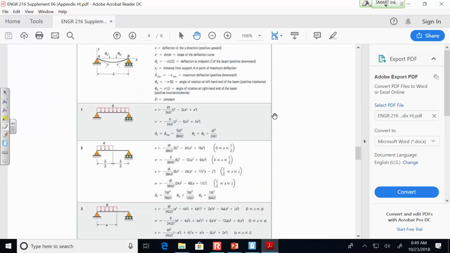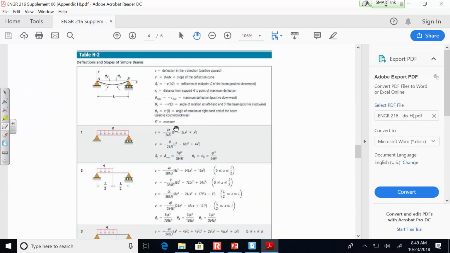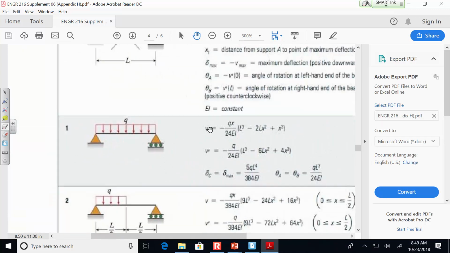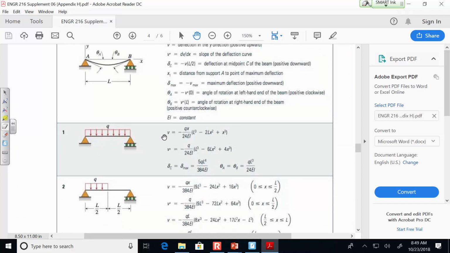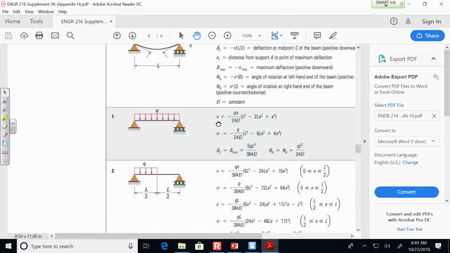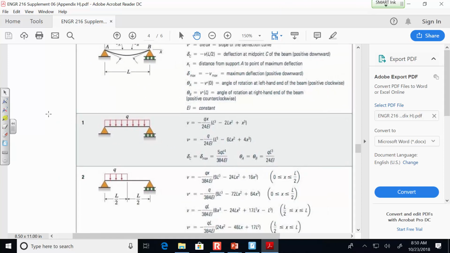Look at situation number 1 for H2. Look what we have here. Look at this expression right here. If I can draw.